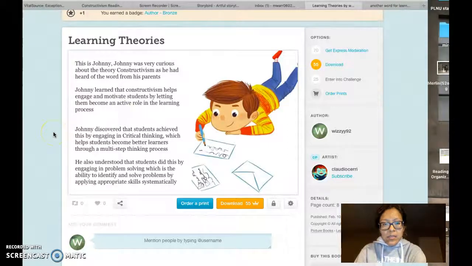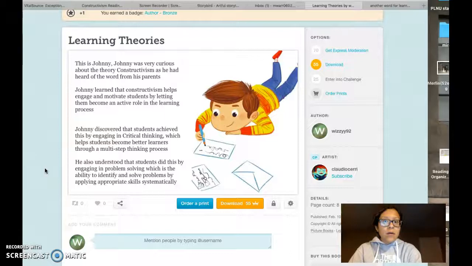Johnny discovered that students achieve this by engaging in critical thinking, which helps students become better learners through a multi-step thinking process. He also understood that students did this by engaging in problem solving, which is the ability to identify and solve problems by applying appropriate skills systematically.